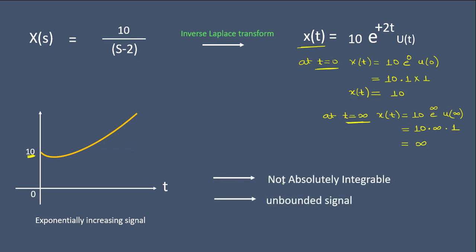Now this signal is not absolutely integrable and it is an unbounded signal. If you want to find the area of this signal, it is not possible because the signal is an increasing signal. The signal doesn't become zero at any instant of time. So this signal is not absolutely integrable and hence it is an unbounded signal.